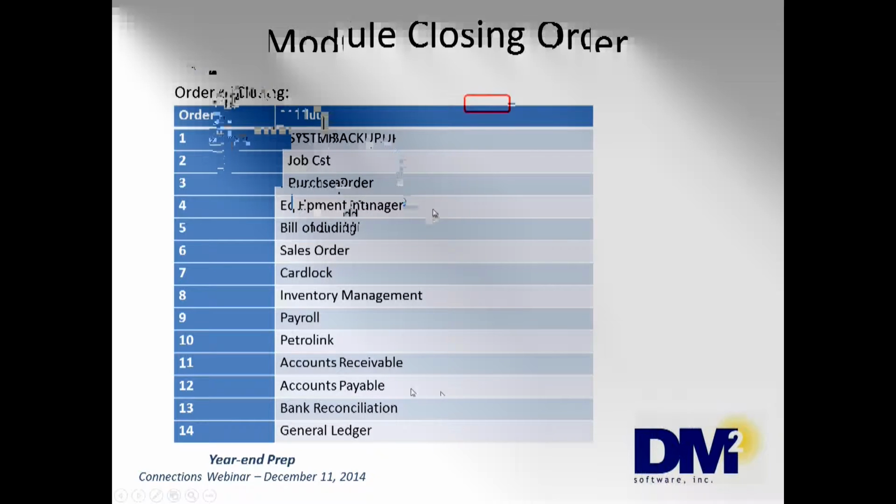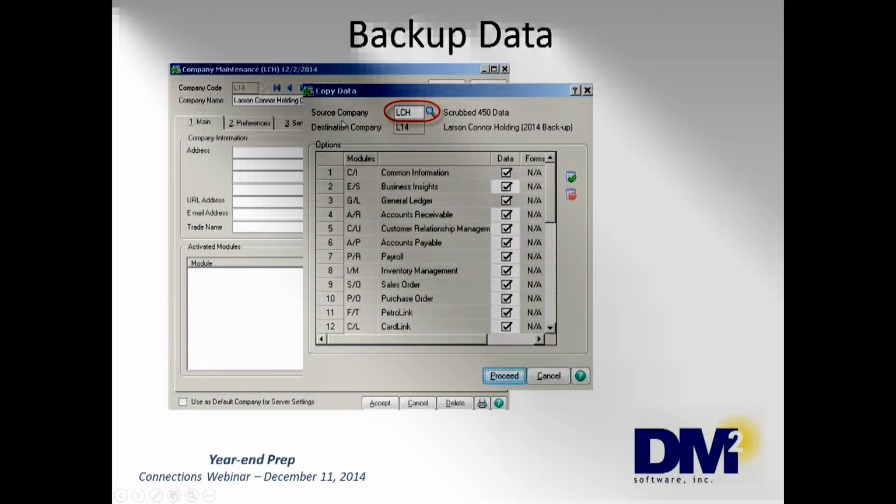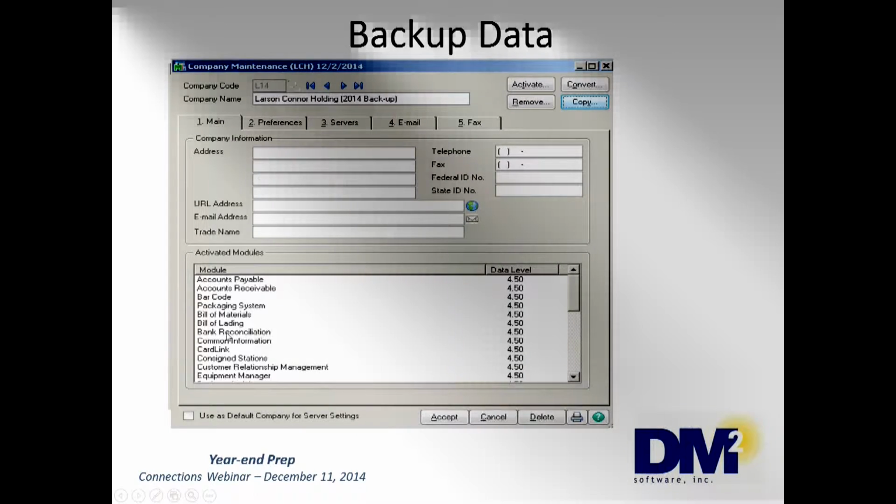You're going to go into company maintenance in Library Master to define a new company code, and then select copy. Once you select copy, it's going to take you to the copy data screen, and you'll select the source company, or your live company, that you're backing up from. Once you select that and select proceed, you'll notice when it returns, everything's been copied over.